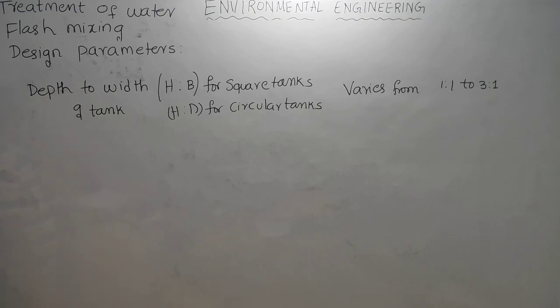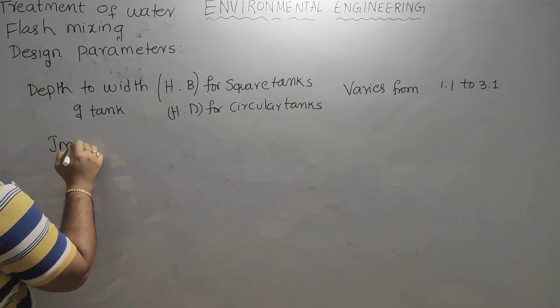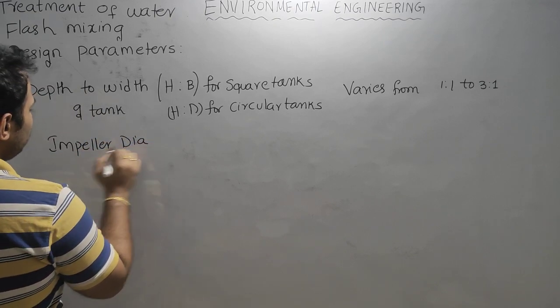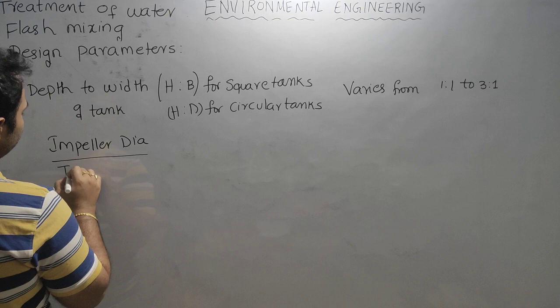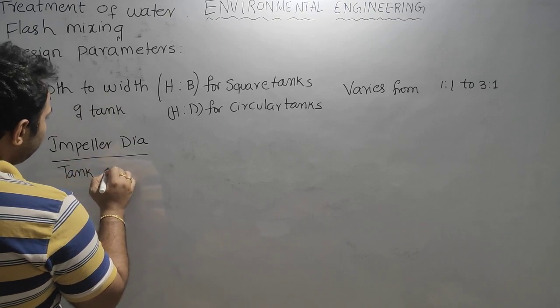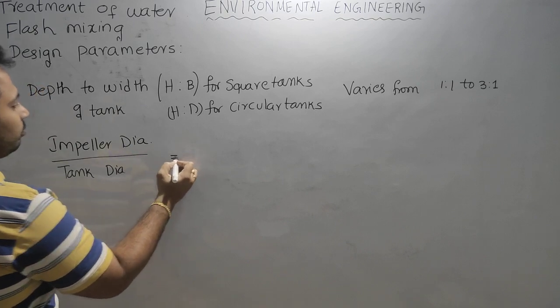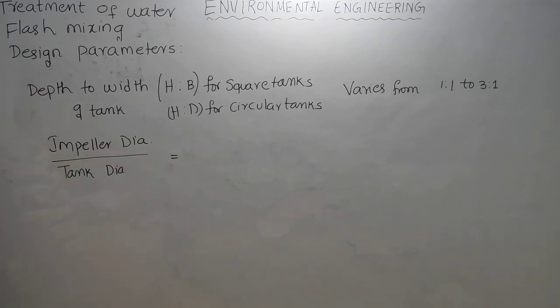Impeller diameter to tank diameter, if the tank is circular, should be equal to 0.2 to 0.4.